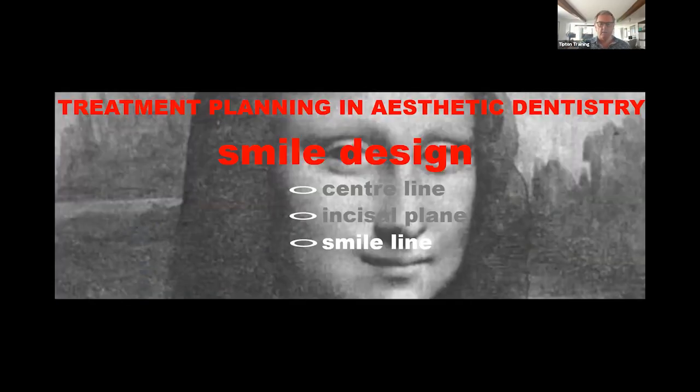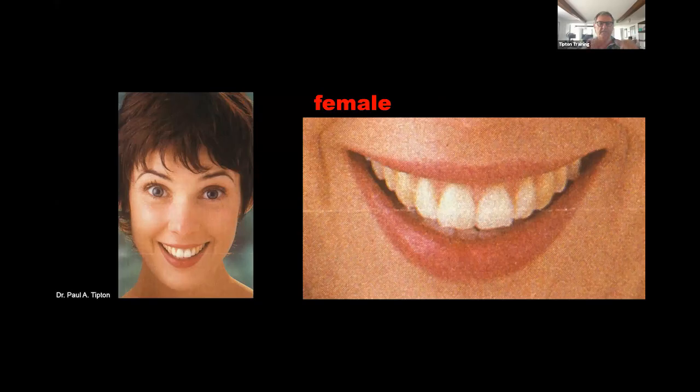Next one is smile line, and our smile line is the amount of curvature that we have from front to back. So how much curvature is there in the front of the mouth? What do we know about it? We know young people and females have more curvature. That's the curvature I'm talking about, okay? So remember this, when you're doing a smile makeover for a younger person and a female, you're going to have more curvature.